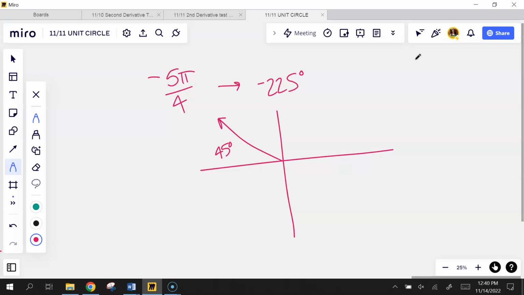Now let me kick it up a notch. It depends on where it is. You have to look at it.